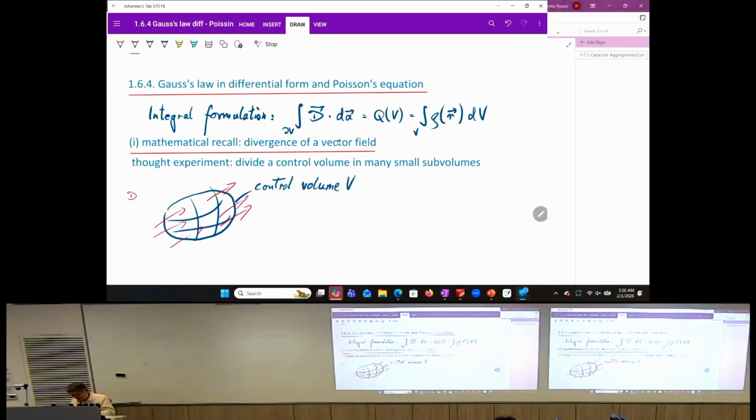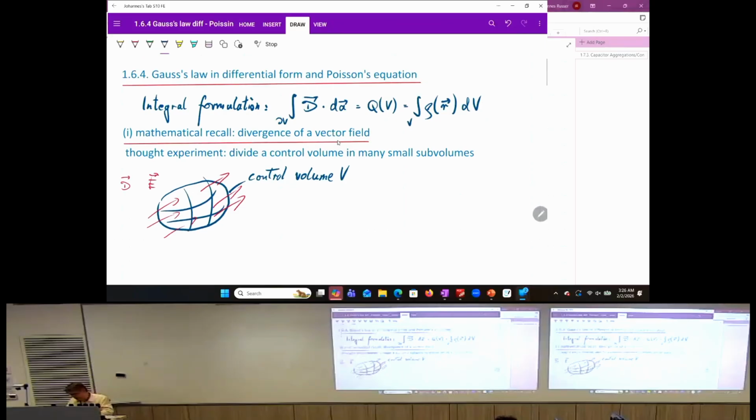This could be our dielectric displacement, but it can also be our electric field lines. They are interrelated through the permittivity. So this here is our volume, and it also has this enclosing surface.